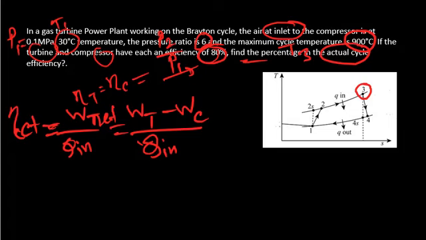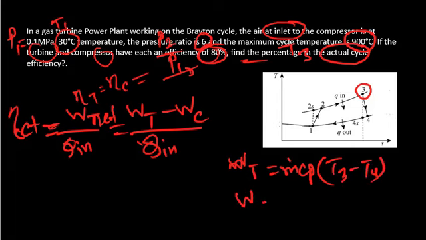Here it is work done, but we know this relation is related to temperature. The turbine work is the mass rate, times constant pressure specific heat, times T3 minus T4.